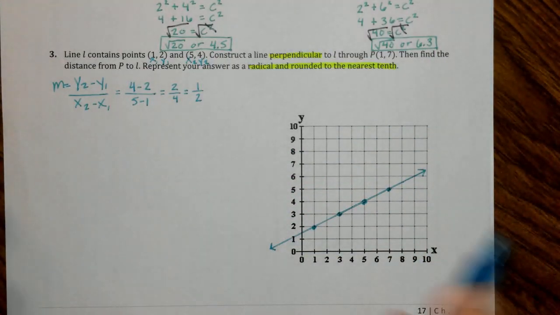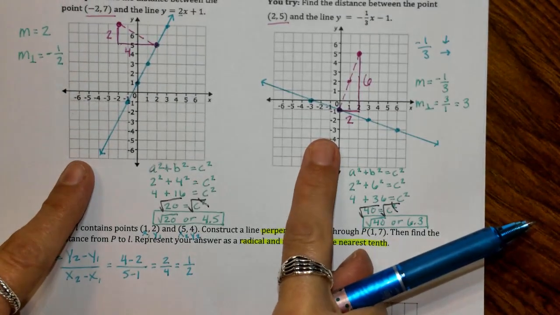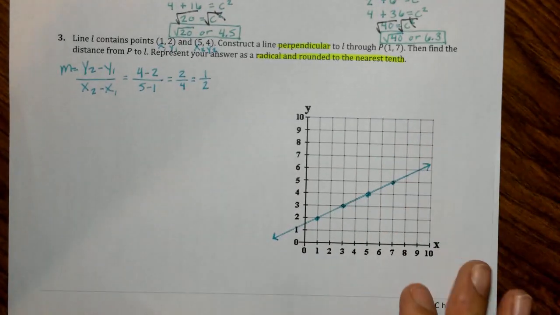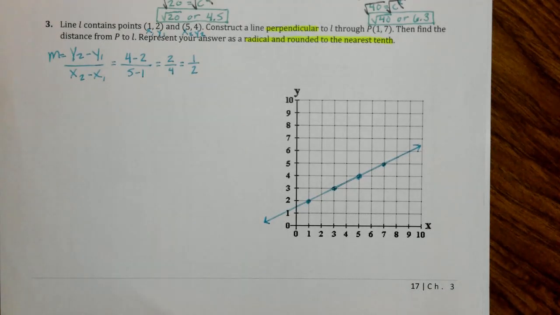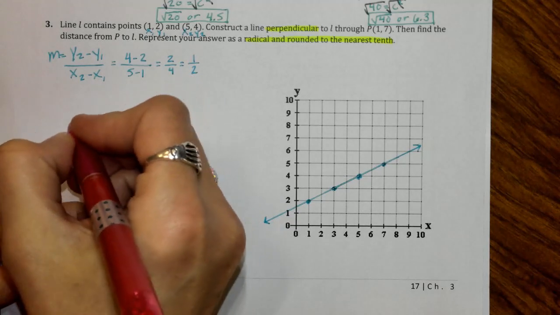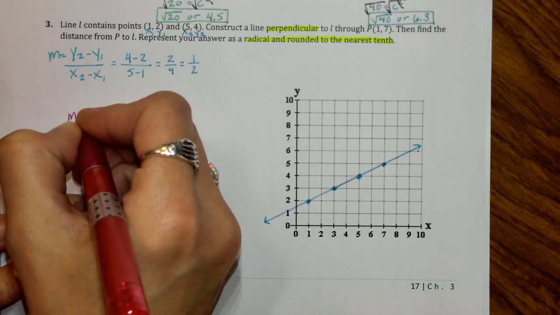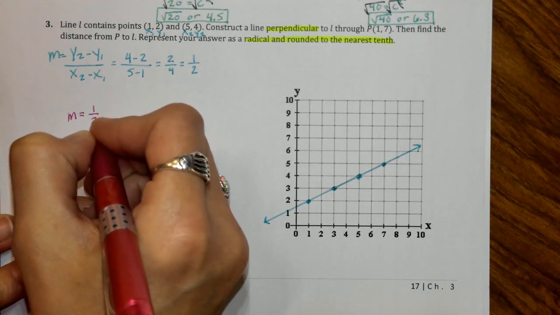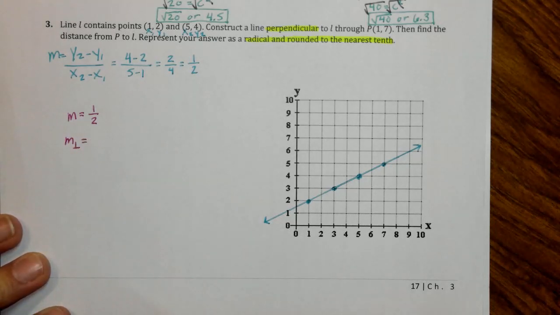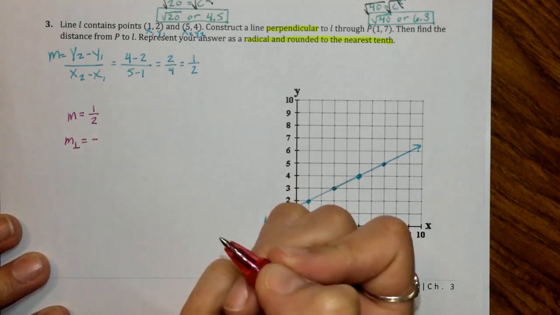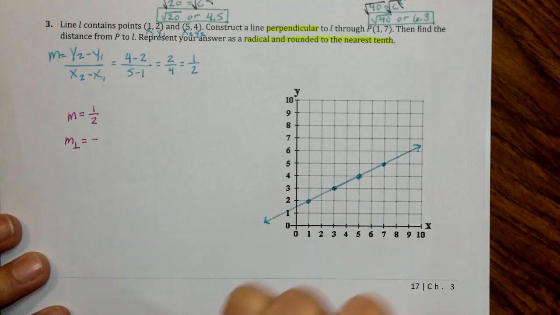And now we're where we were up here. We can move through, find the slope, the perpendicular slope, and then do Pythagorean theorem. Our slope we found was 1/2. So for the perpendicular slope, change the sign and flip that fraction. Positive to negative, and when we flip it, it becomes 2 over 1, which we should know is 2.